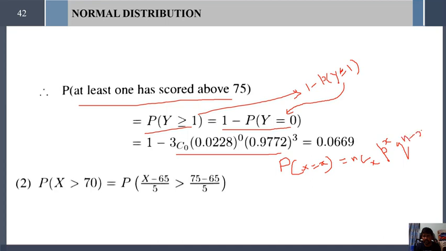So here n equal to 3, and simply substitute the P value, Q value, and n value there, then 1 minus this entire value is nothing but 0.0669.